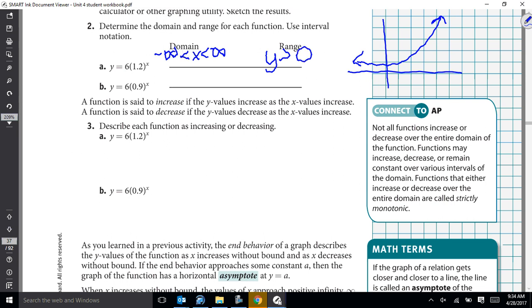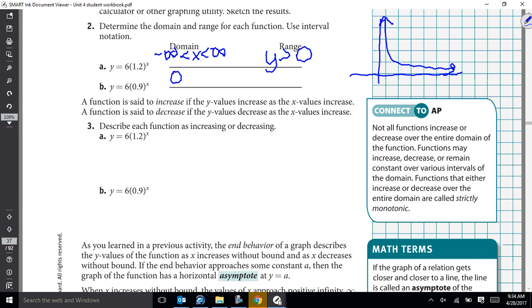All right, so now consider this function. It looked like that. So what's our domain? Our graph started at 0, right? And then it was everything to the right.